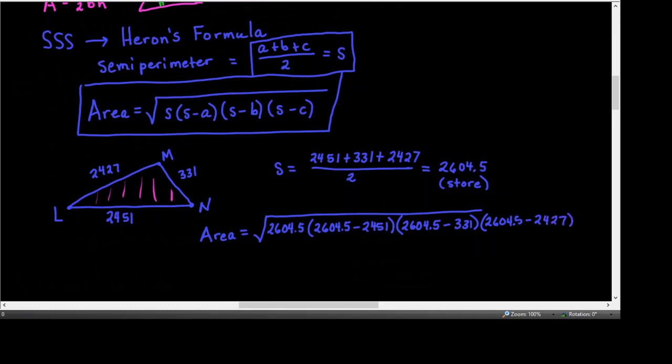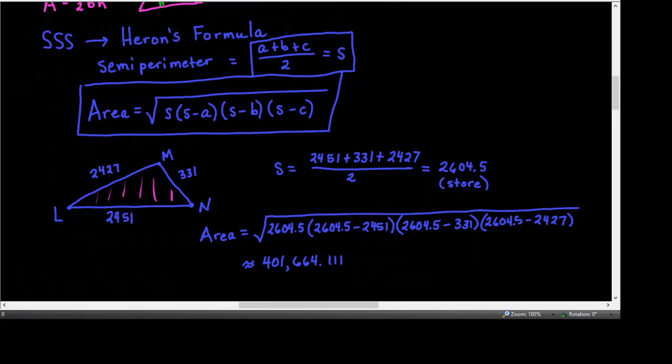And make sure that your vinculum goes all the way to the end of your radicand. All right, so that area is approximately 401,664.111.